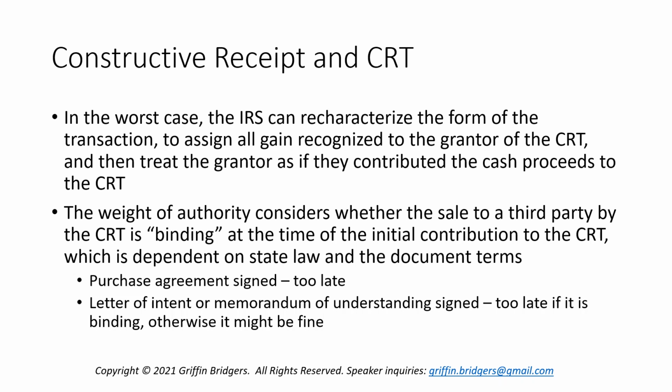So typically, a good rule of thumb, and this isn't a hard and fast rule, is to look at if you have a purchase agreement signed and you're really just working towards closing, then it's too late. You have a binding agreement then typically, and you're not going to be able to contribute the asset to the charitable remainder trust at that time if you want to get the full effect of deferral and avoid UBIT issues.